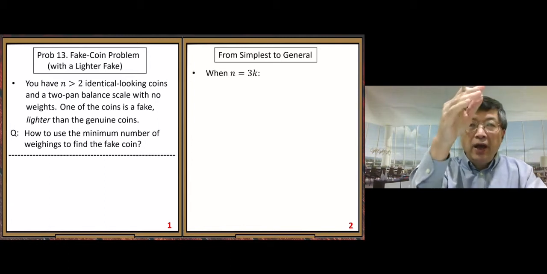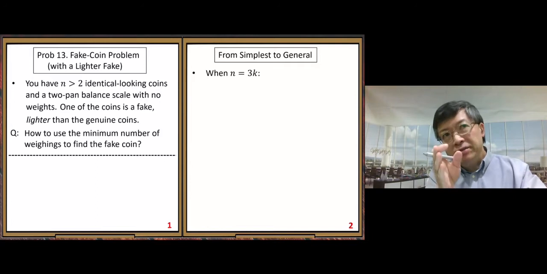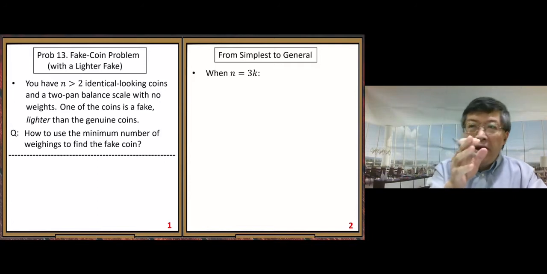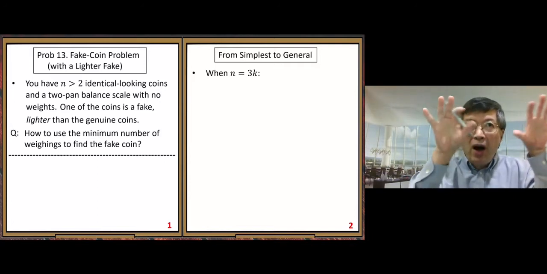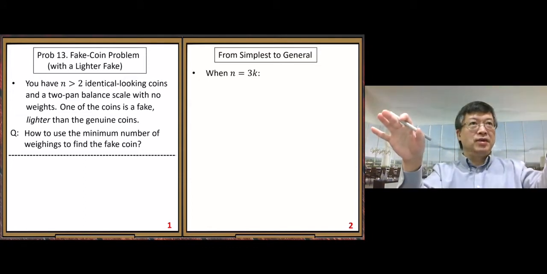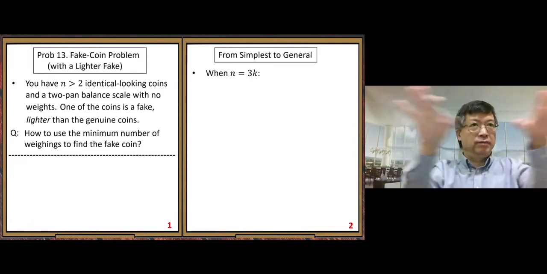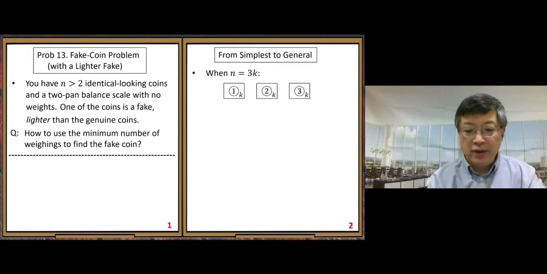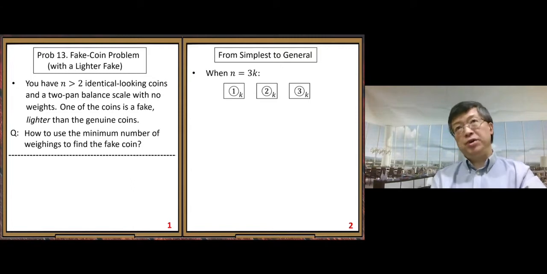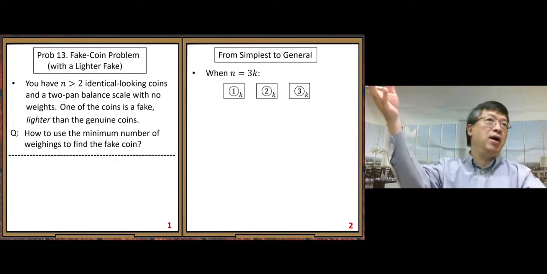First, n is a multiple of 3. Because in this situation, we can make 3 piles completely balanced, the same number of coins in each pile. Perfect distribution: K pile 1, K pile 2, K pile 3.